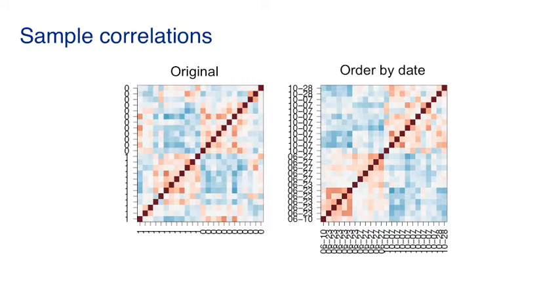So here's again those correlation plots. This is ordered by females and males. This one's ordered by date. You see the 6, that's June, and then it flips to 10, that's October. They're ordered by date. If the batch effect was just the month, that correlation plot would just have 2 squares, here and here.